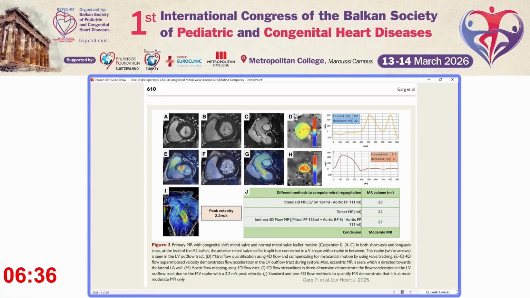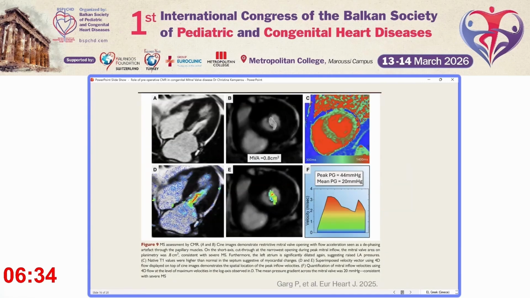The next example demonstrates comprehensive CMR assessment of mitral valve stenosis. Cine imaging shows restricted leaflet opening and significant left atrial enlargement.